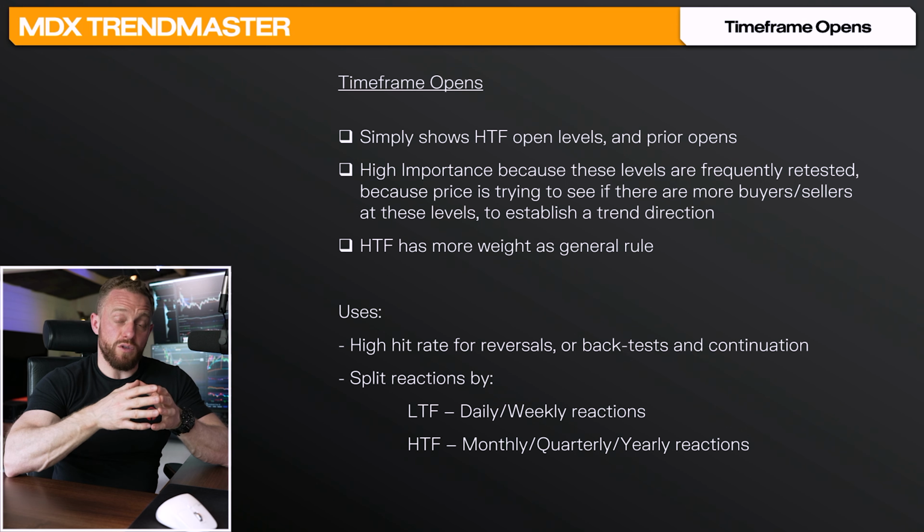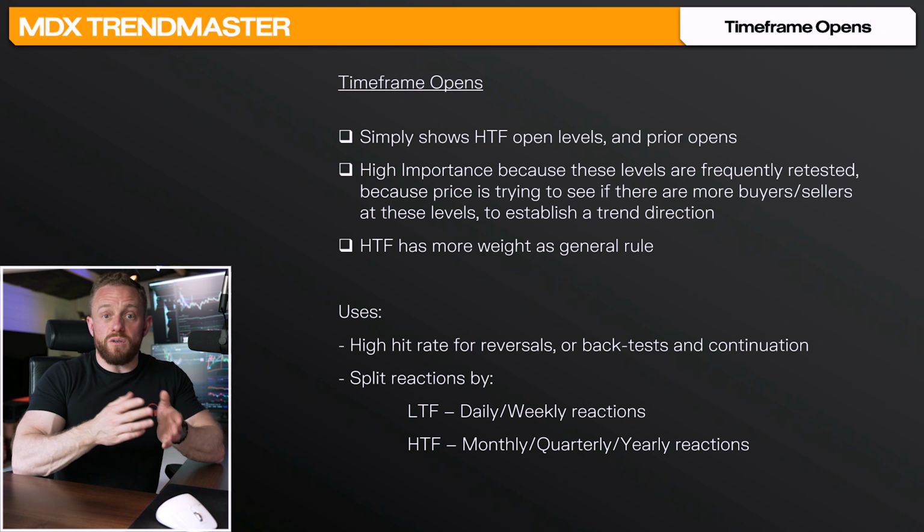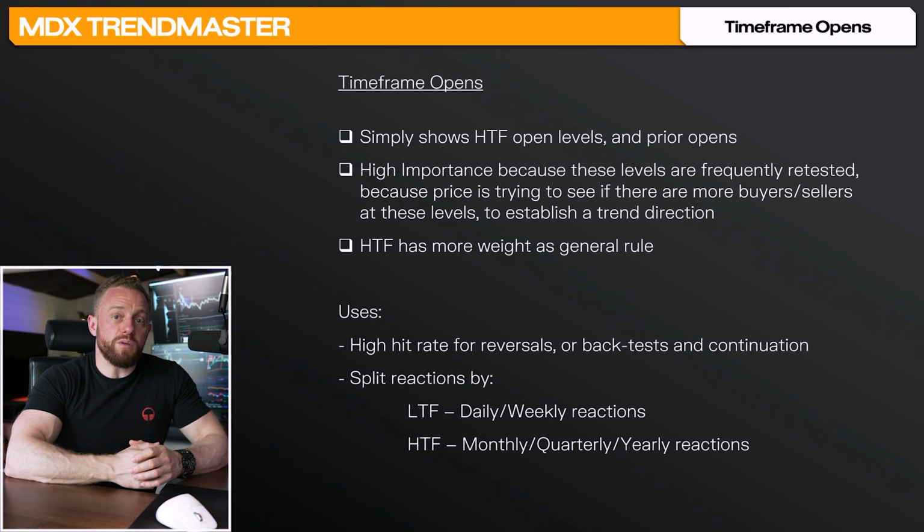Generally, you'll find that the higher time frame, monthly, quarterly, yearly, will have a bit stronger reactions compared to, say, those daily levels, but they are all very useful. In terms of trading with it, you will get a high hit rate on reversals, backtests and continuations.